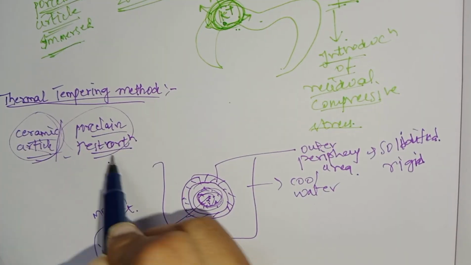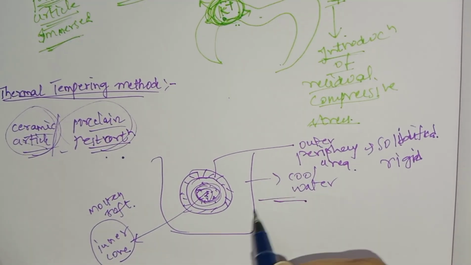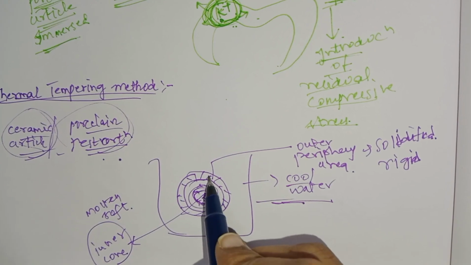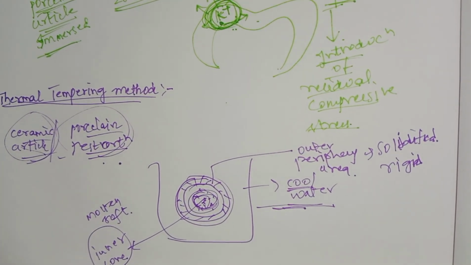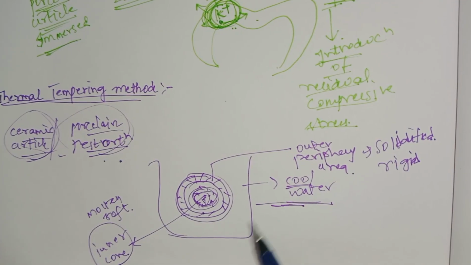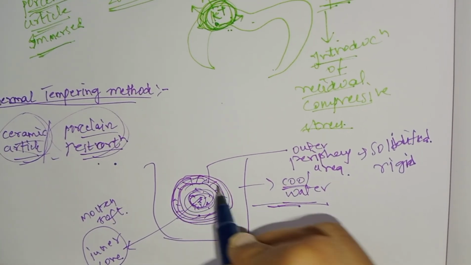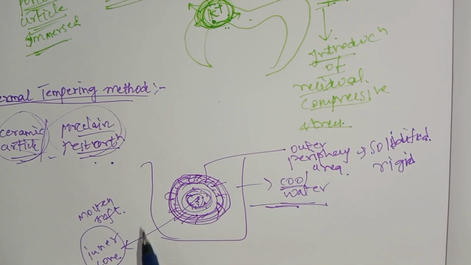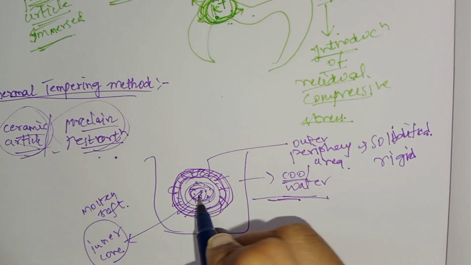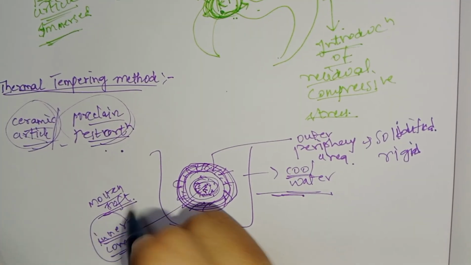This sudden cooling of the ceramic article results in solidification of the outer layer only, whereas the inner core is soft and molten.